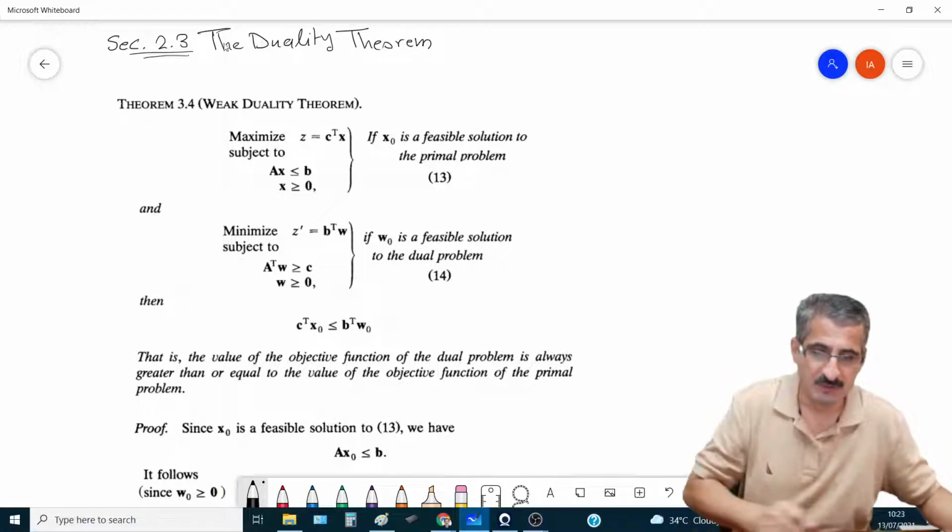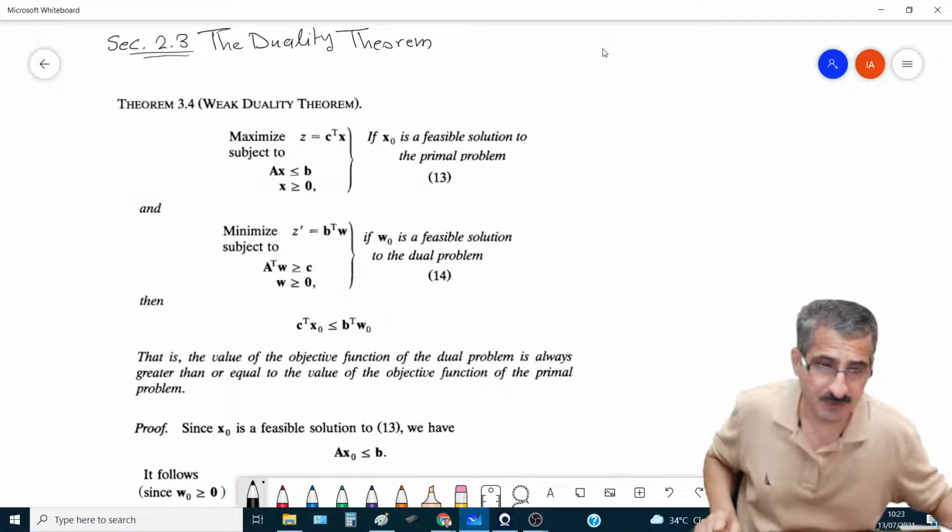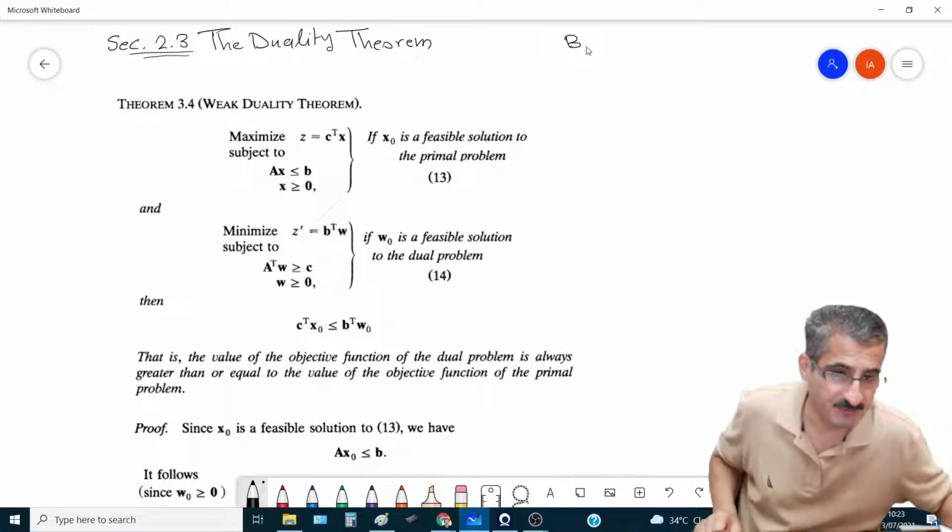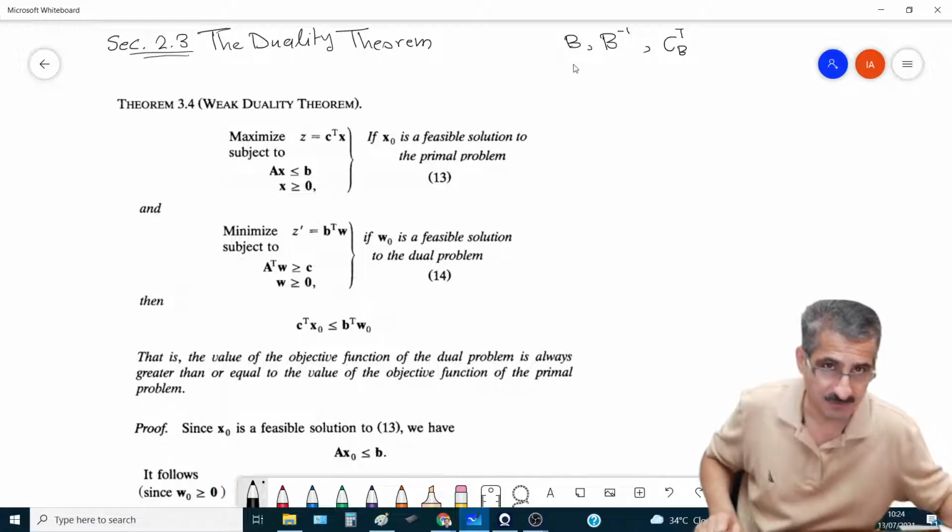Okay, remember we learned about how to form the matrix B, which is invertible, and then we use the matrix B inverse, and then we defined what is the cost function for B, right?